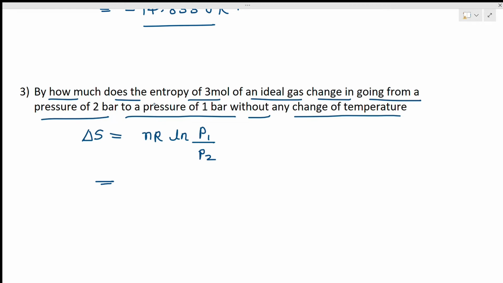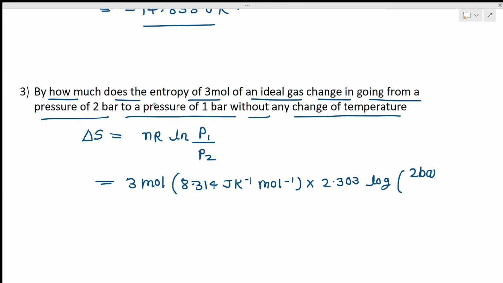Here n is equal to 3 moles, and the value of R is 8.314 joule per Kelvin per mole, into 2.303 natural log of 2 bar upon 1 bar. So what you get is 17.29 joule per Kelvin. This will be your answer.